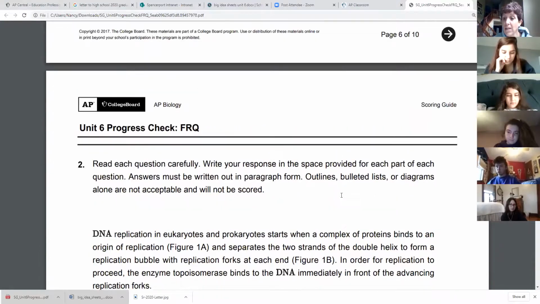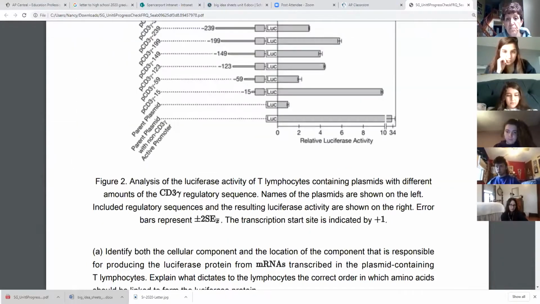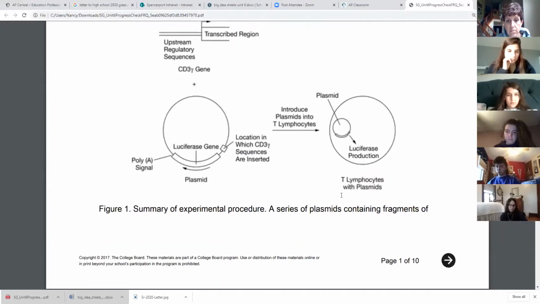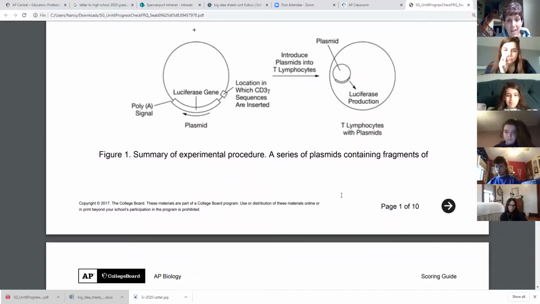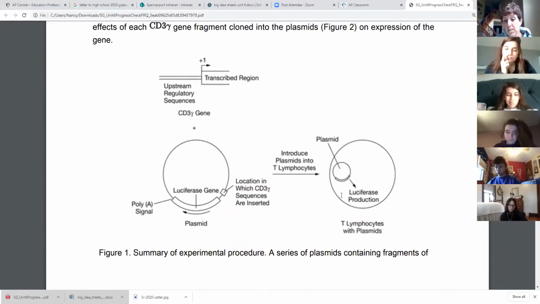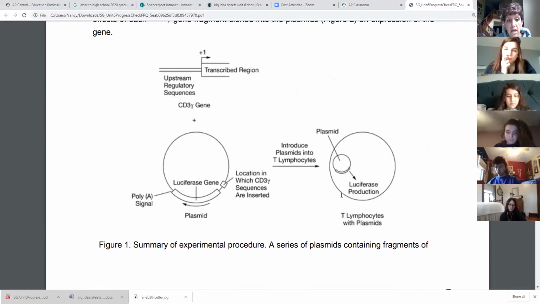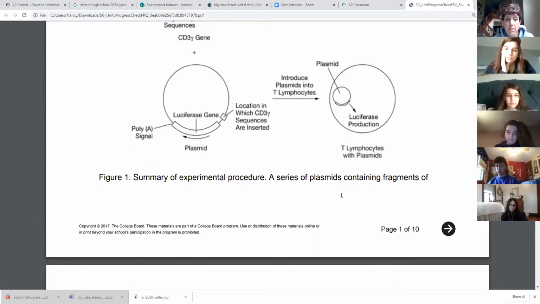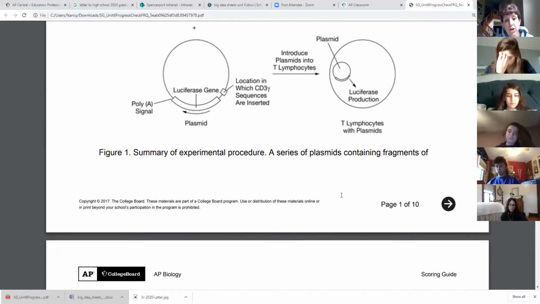All right, any questions from this first one? I like that they showed you the plasmid circular like this, because I know those look like what we did with our gene.